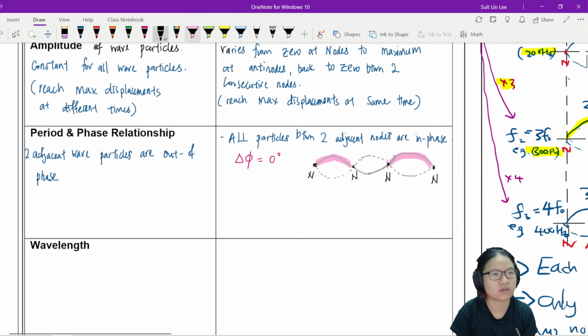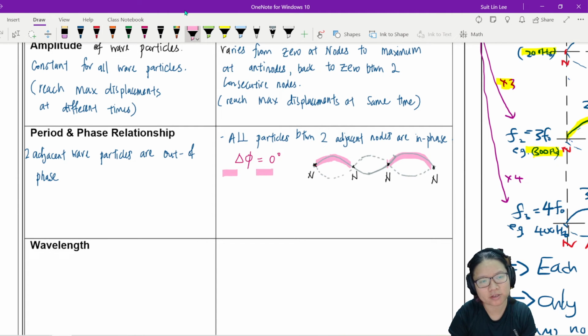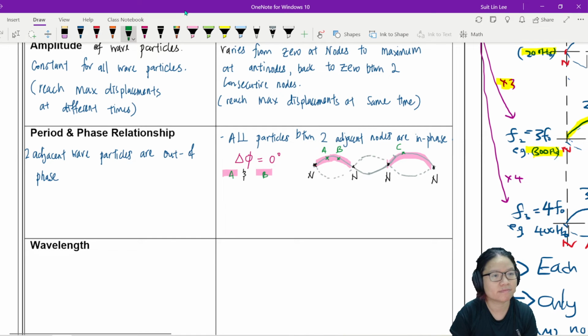Okay, so since we are comparing, we're taking a particle from here, compare this one. So maybe particle A is here, particle A and B. So maybe I'll take particle A and particle B here. Or I can even take particle A and particle C. Or B and C also can.